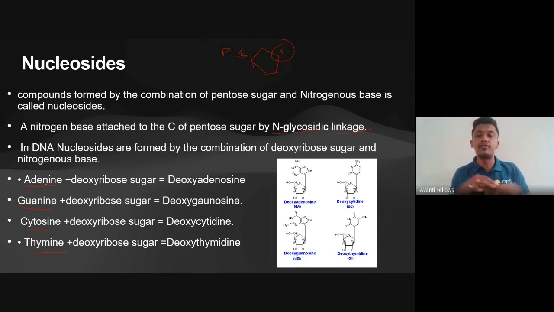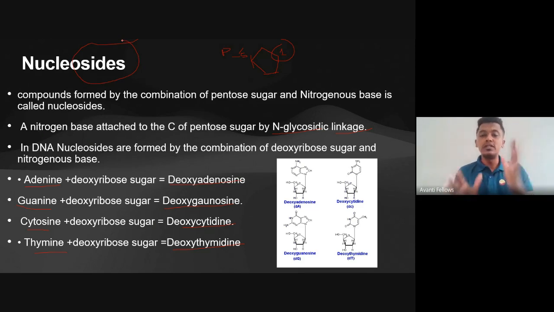Now what happens? The chemical composition changes, right? So what do we call this compound where we have a nitrogen base and a sugar group attached? This is called deoxyadenosine. Similarly, we have deoxyguanosine, deoxycytidine, and deoxythymidine as our nucleosides. S for side, nucleoside.